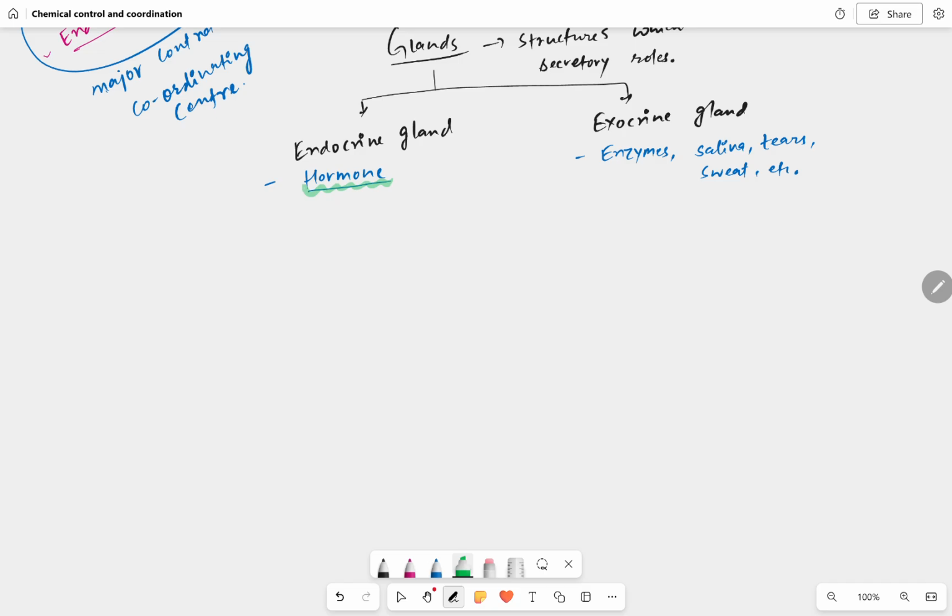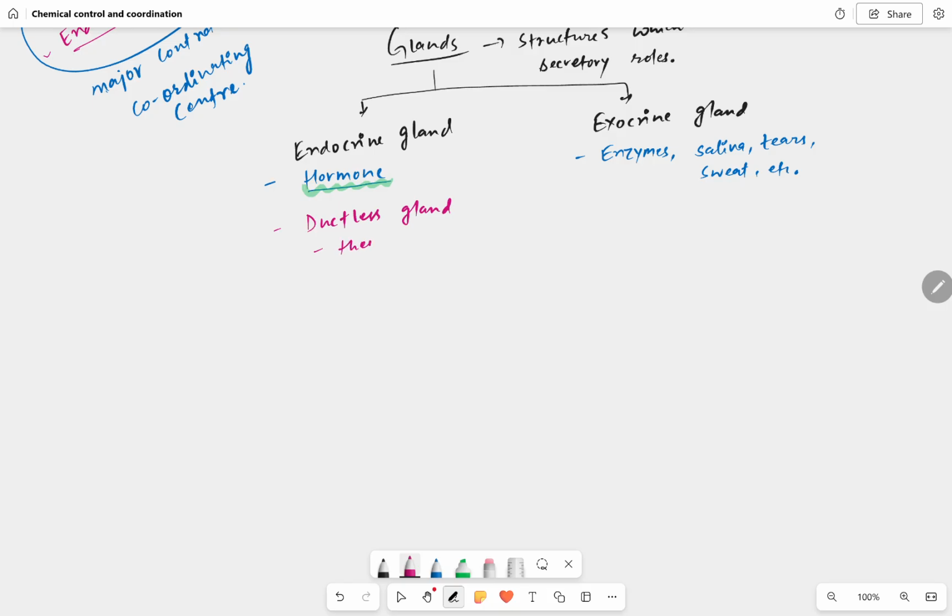Now, what is the key difference between the endocrine gland and exocrine gland? Why are we saying one gland is endocrine and the other is exocrine? What is the key behind this statement? The endocrine gland is also called a ductless gland.